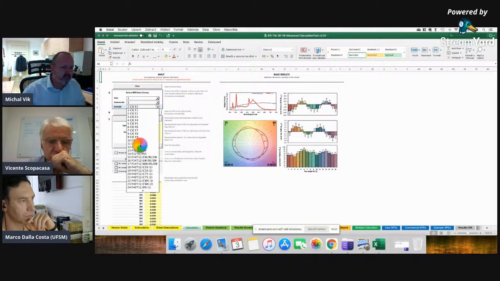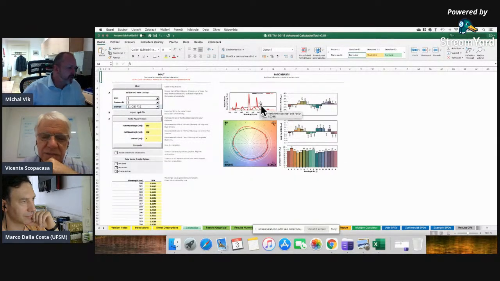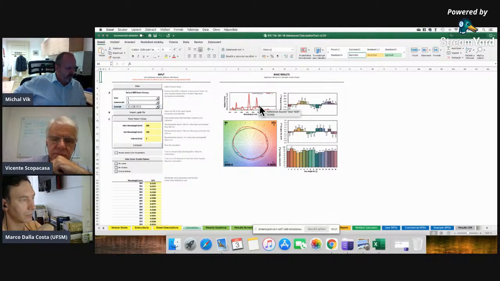I'm sorry, I have a slow computer. But what is important, you can see here that the spectrum of the same light source, because here is 5 nanometer resolution, appears differently. And based on that, especially for CRI, you can also obtain a different result for the R9 sample.